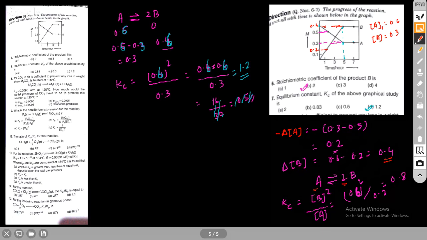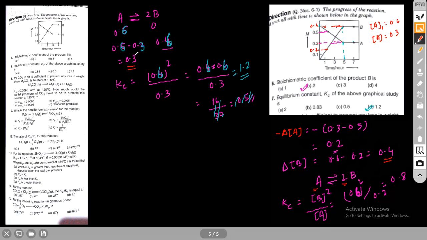Now coming back to this graph again, the second question: the equilibrium constant Kc of the reaction from the graphical study. For this we require the equilibrium concentration of A and the equilibrium concentration of B, so that we can find Kc. Initial concentration of A is 0.6, and from 0.6 the change is 0.3. So 0.6 minus 0.3 gives you the final concentration of A, 0.3, which is easily understood from this graph.